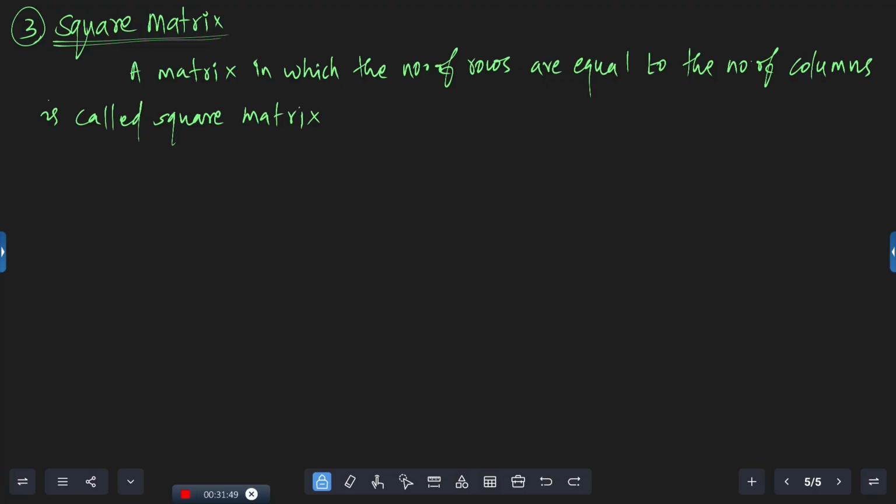In general, we can say A equal to [Aij], m by m, or n by n also.